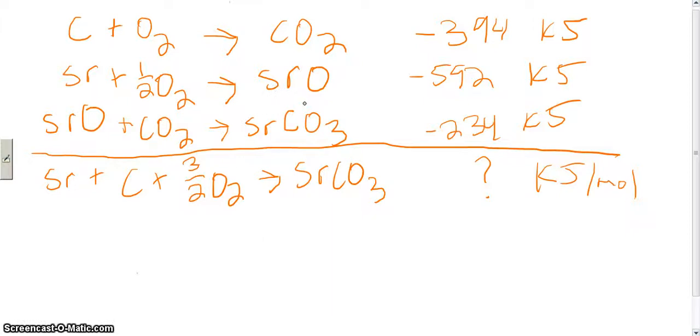First, we have to cancel the intermediates, which are CO2 and SrO.